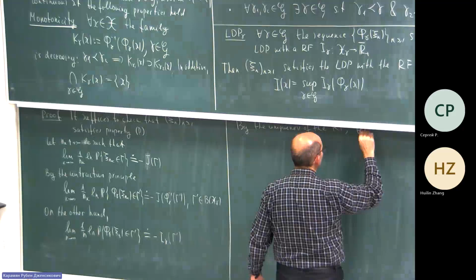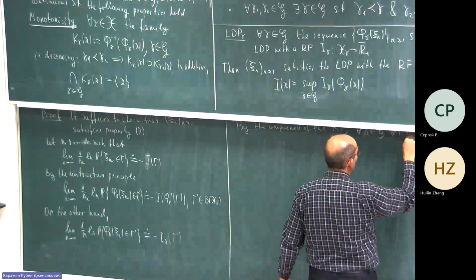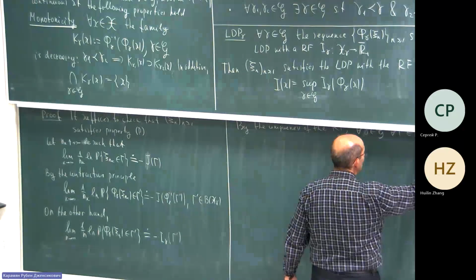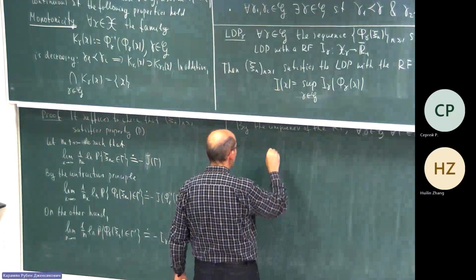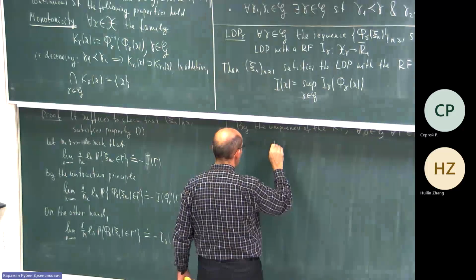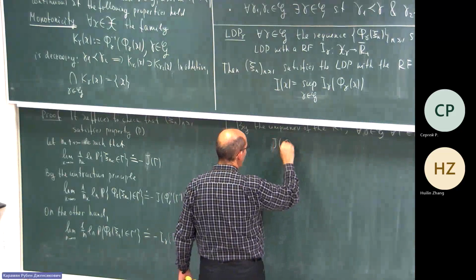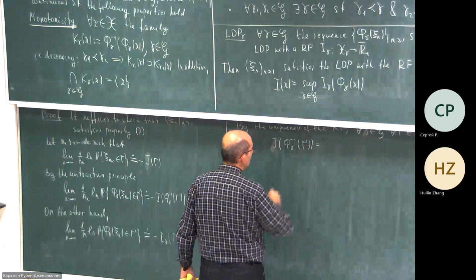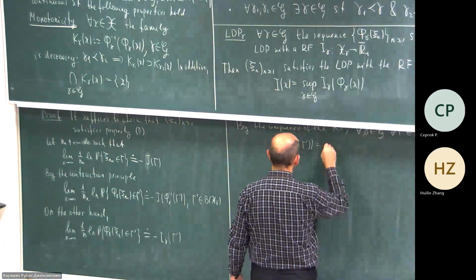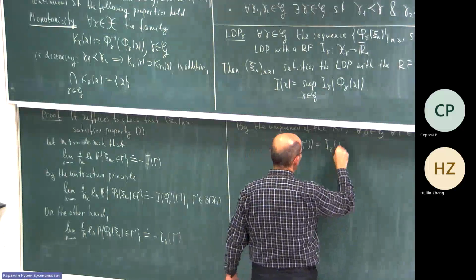By the uniqueness of the rate function, for any gamma and for any gamma prime, we should have J of phi_gamma^{-1} of gamma prime equal to I_gamma of gamma prime.